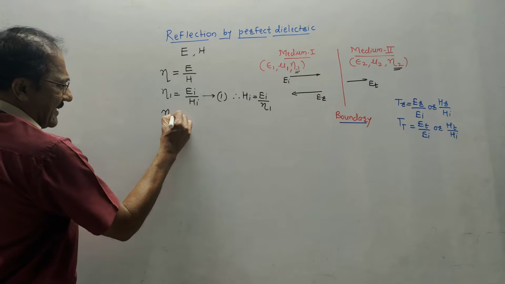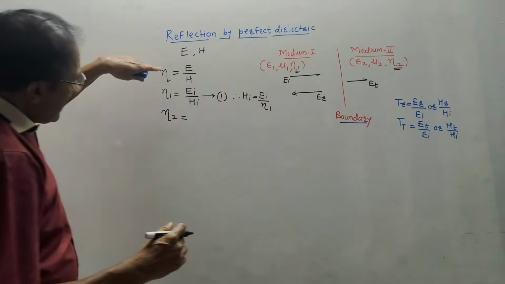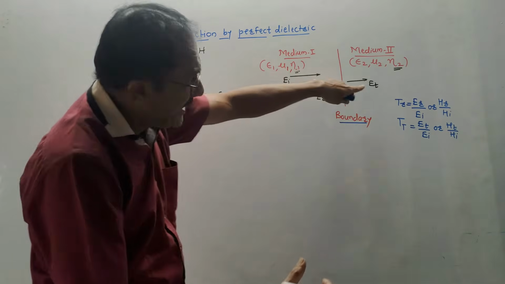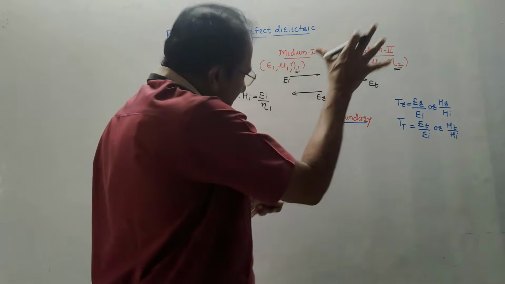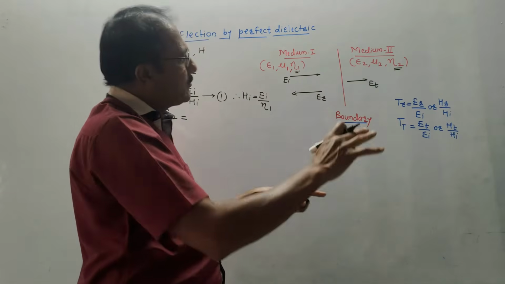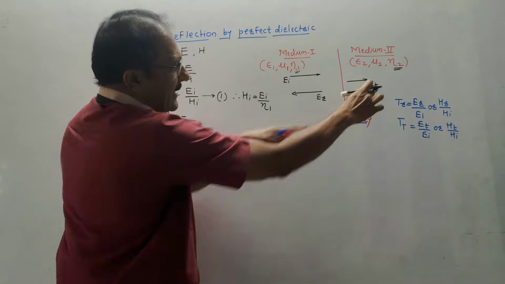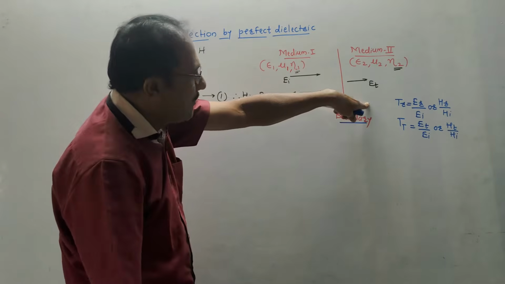Now, this is the equation for eta 1. Same thing I can write for eta 2. Eta 2 is in the second medium. Stick to the basic formula. It is E by H. In the second medium, we have ET. This I have written in terms of E bar. Similar notations are applicable in terms of H bar. So for eta 2, as I have shown in this diagram, there is a value of ET, and there is a value of HT.